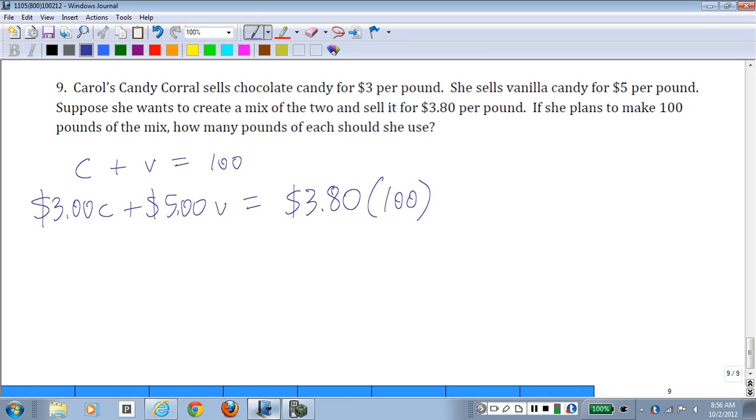You can divide both sides by a dollar and have something like 3C plus 5V equals 380. The elimination method probably would work as well as the substitution method, whichever one feels better to you. I would go with it and find the values of C and V and check them, make sure they work.